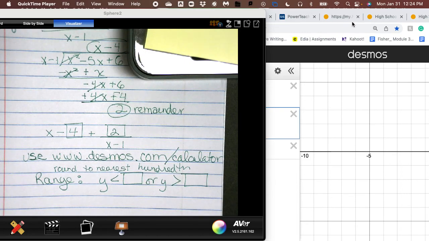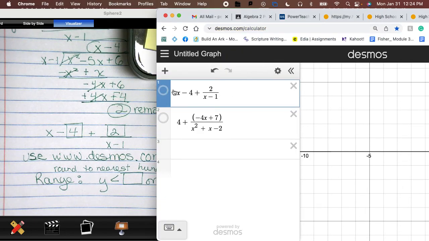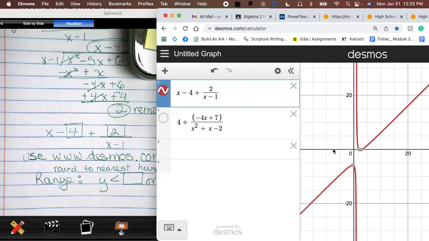It was a little easier to type. See, I put in x minus 4 plus 2 over x minus 1, and then I can show you where I get my values.